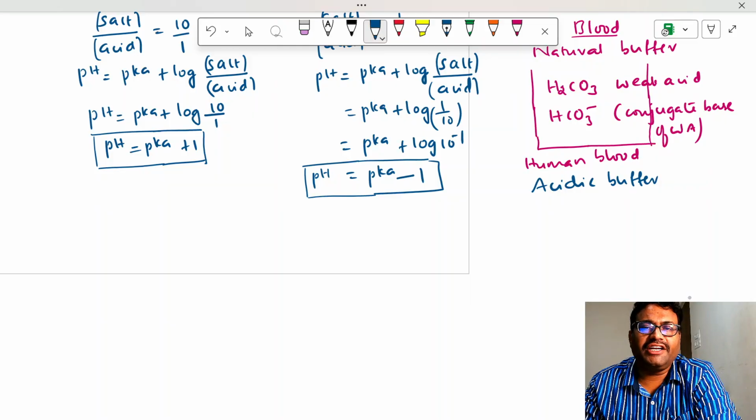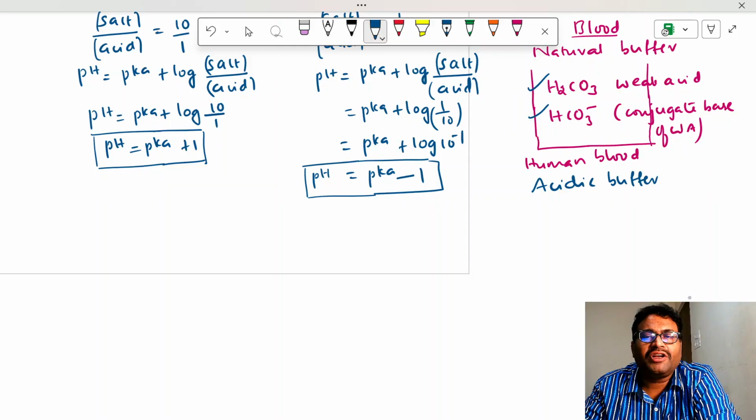If you suddenly drink water, it gets diluted. Does the pH change? No. Why? Because blood is acting as a buffer due to the presence of carbonic acid and bicarbonate ion.